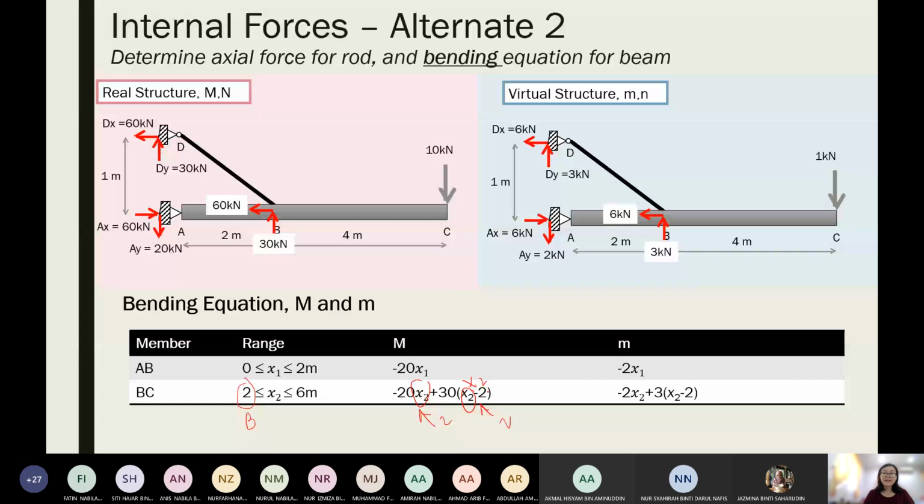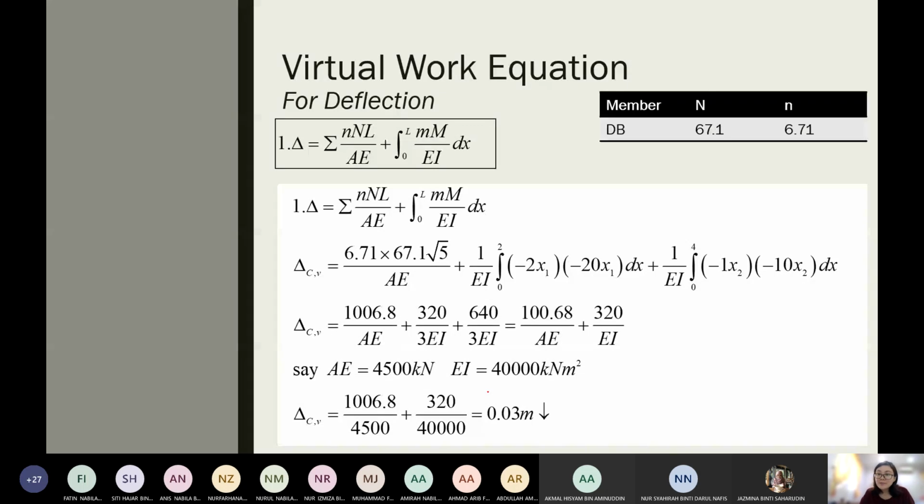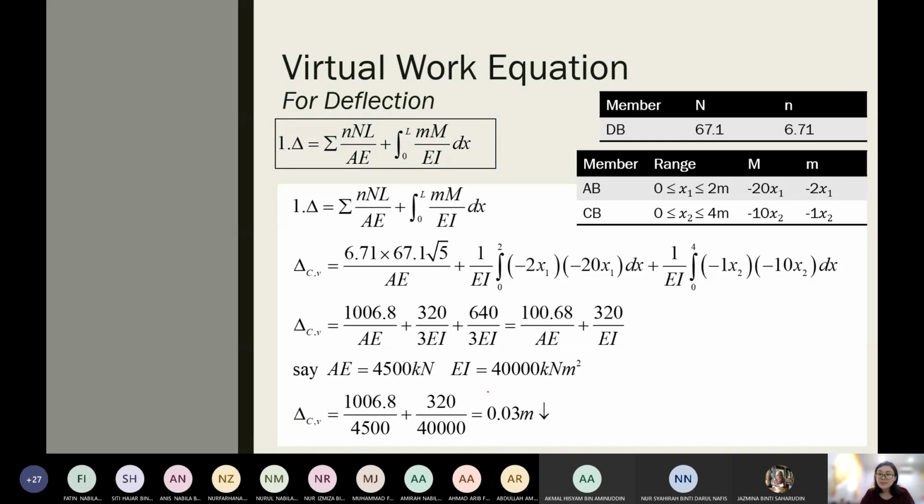Okay, so next is our important step where we apply the virtual work equation. This is my obtained n value. This is my obtained bending moment equations. So to determine the deflection at C, we combine these two effects: nNL over AE and also mM over EI.